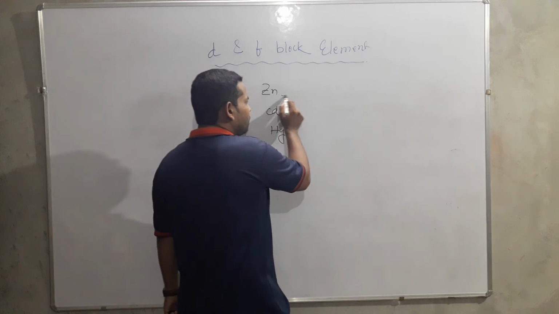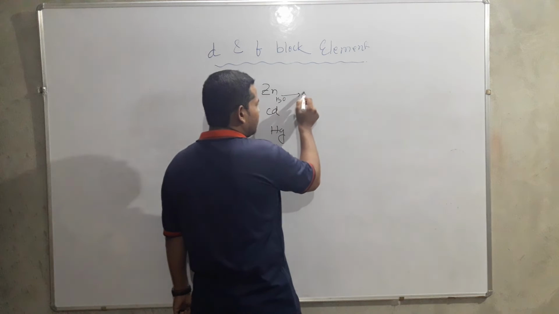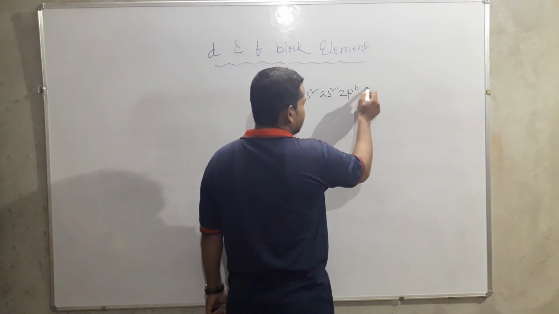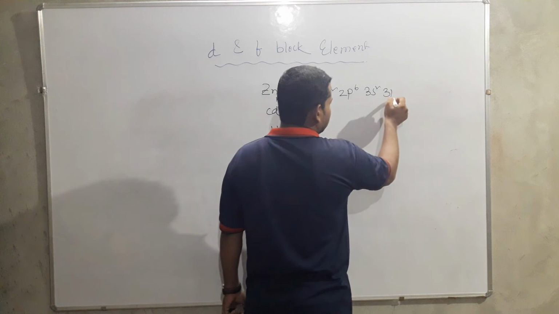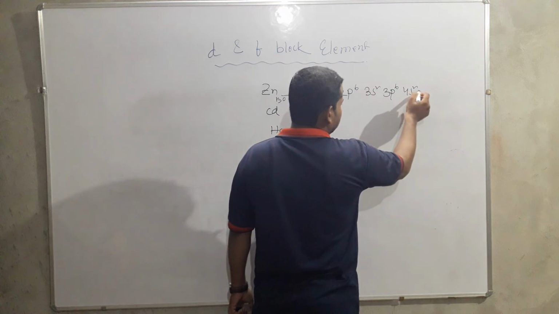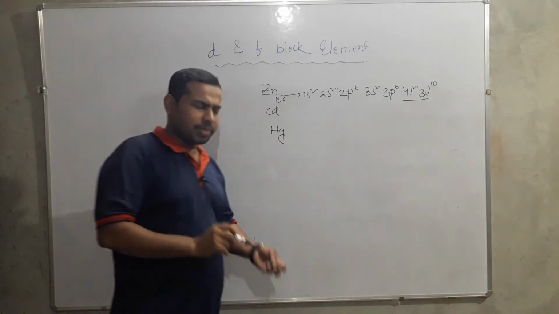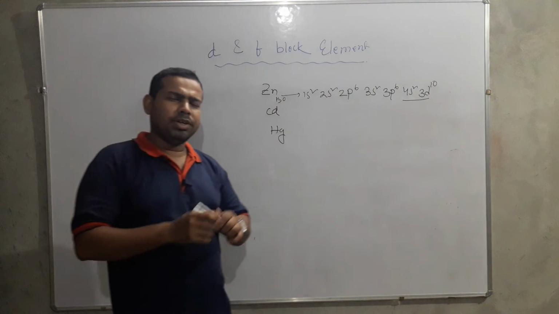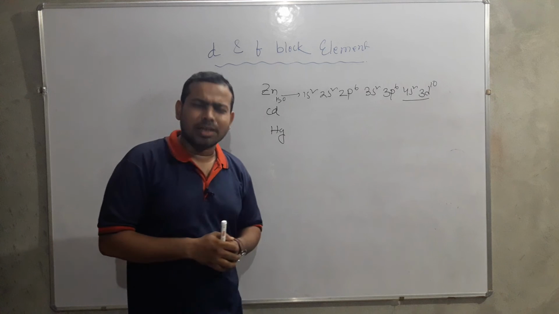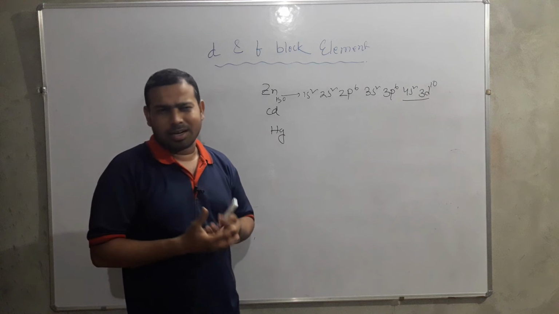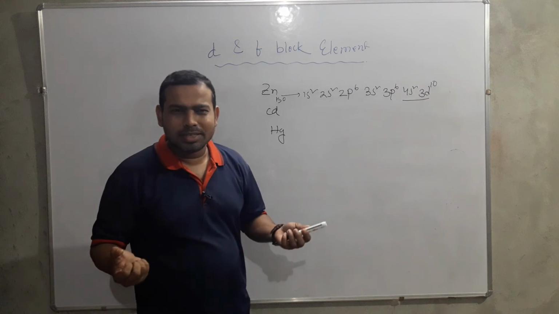If you draw the configuration of zinc, atomic number 30: 1s2, 2s2, 2p6, 3s2, 3p6, 4s2, 3d10. Due to the absence of unpaired electrons, there is no interaction force between the zinc atoms. Clear? So that's why this one becomes less hard. So this one is soft in nature.